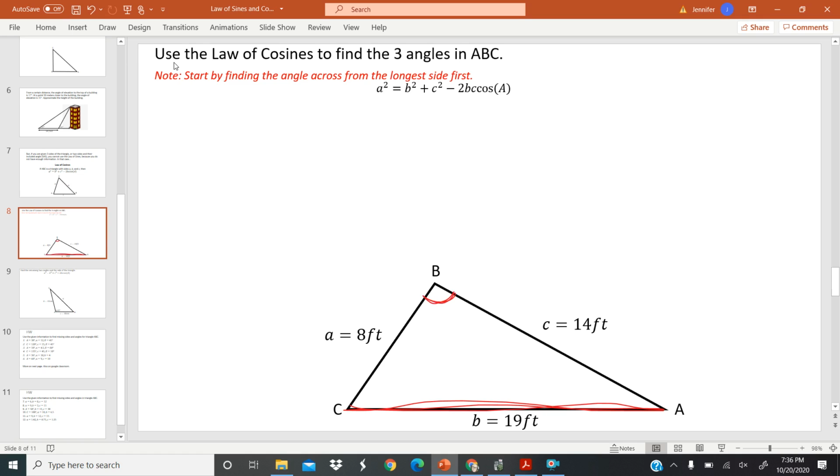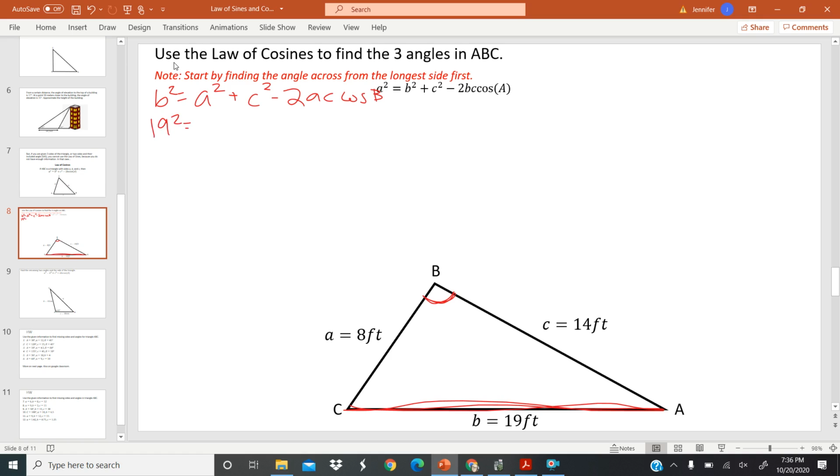So we're going to start with little b squared. So here's, I'm going to write out the formula for whenever you're finding little b. So it'd be little b squared is equal to a squared plus c squared minus 2ac times the cosine of angle B. So you just switch the letters around so that you have the formula how you need it. So we're going to start with little b squared, so that's 19 squared.